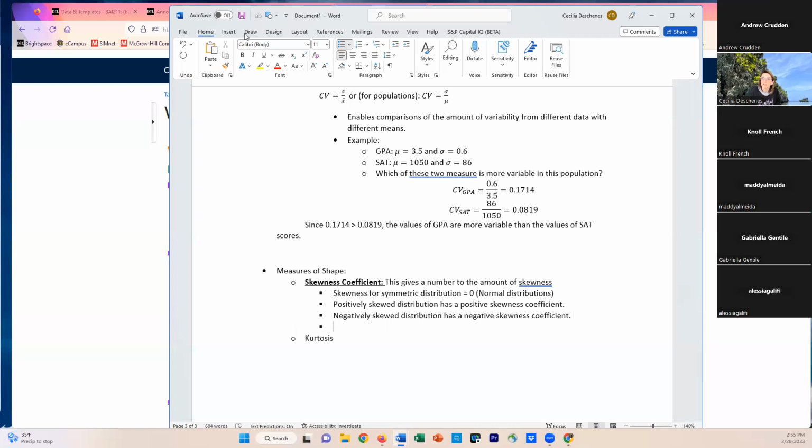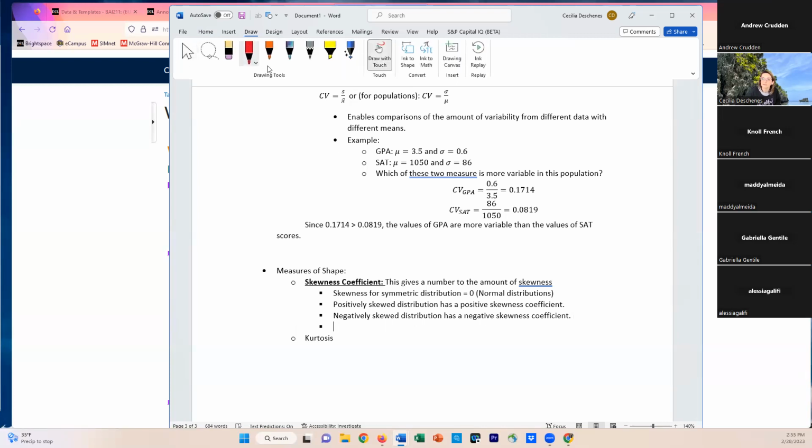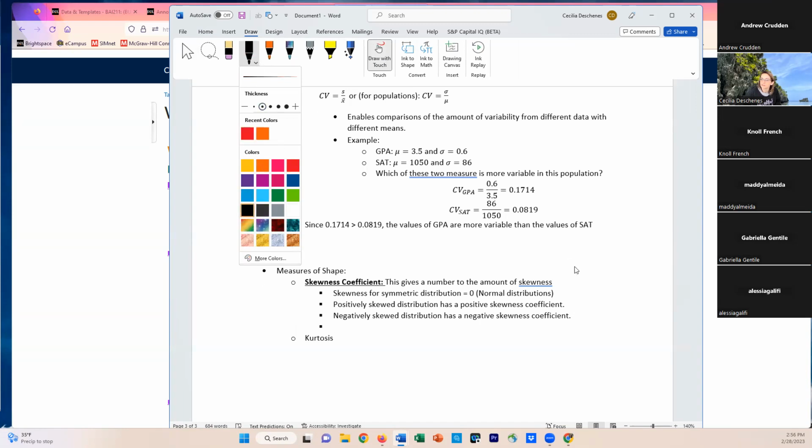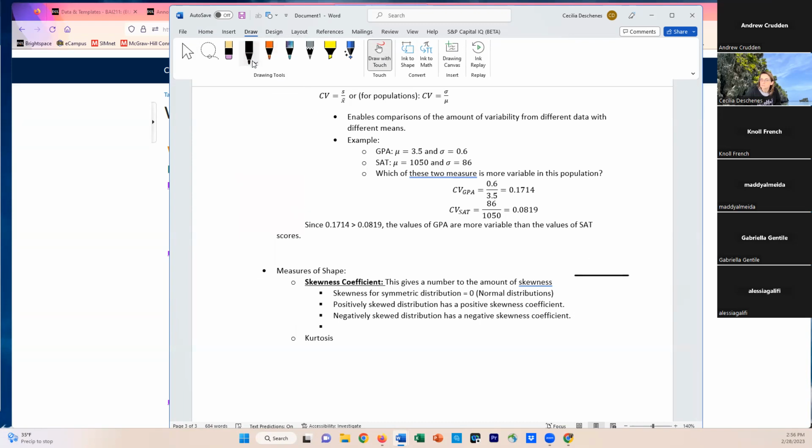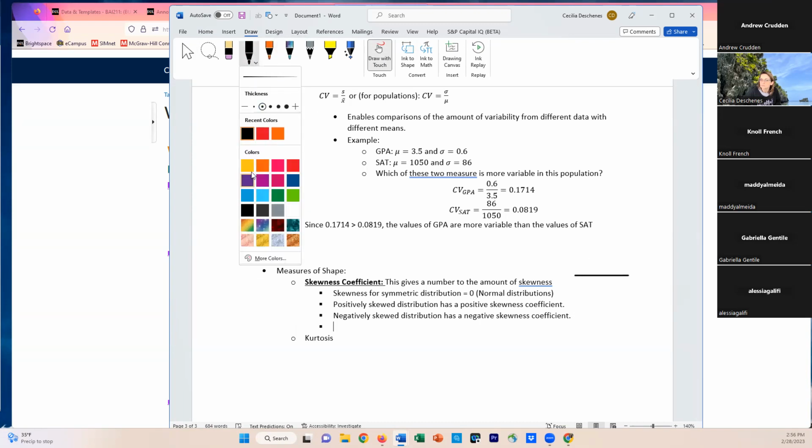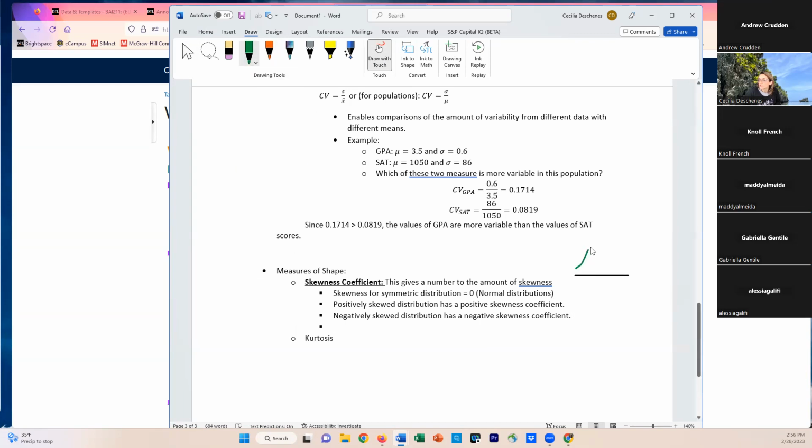Recall, let me see if I can get this to draw for me decently. Start with black. If it's positively skewed, you're going to have a distribution that has a right tail. So this is the positively skewed.